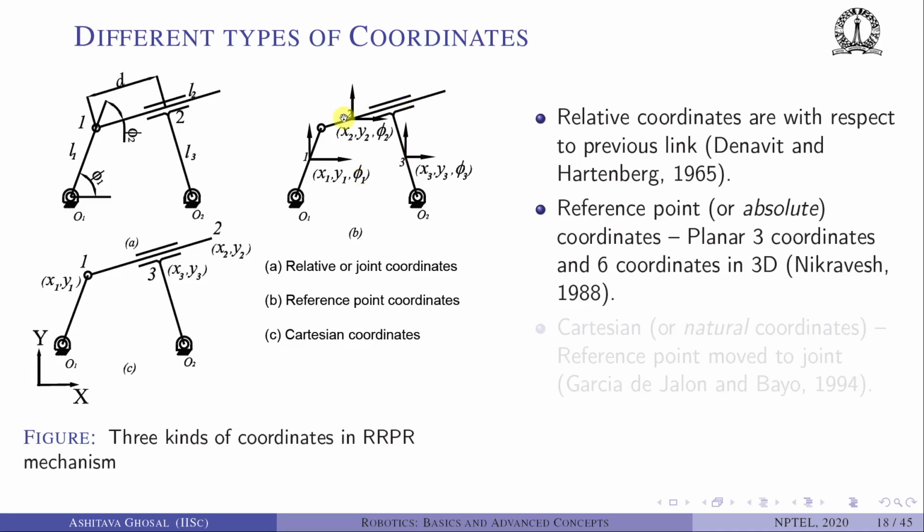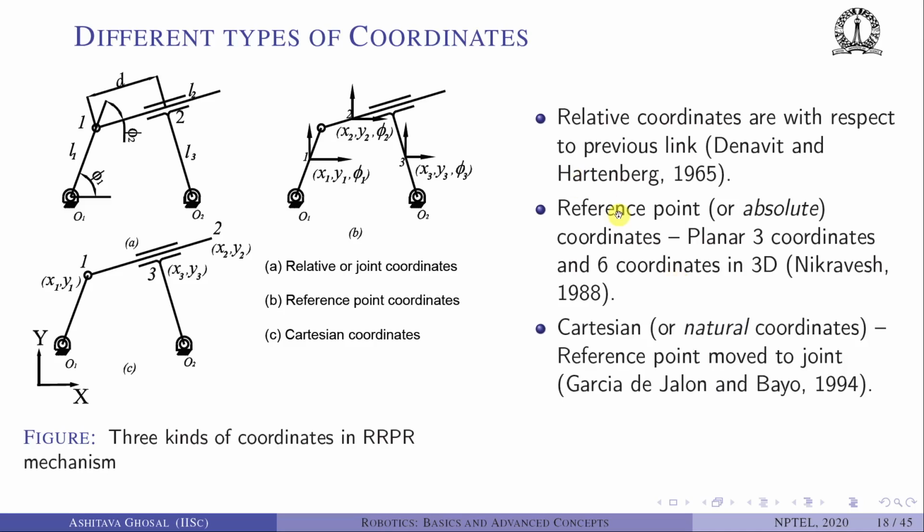In a plane, I can specify the position and orientation of any link by 3 coordinates: x and y Cartesian coordinates, and an orientation angle. So these are for planar mechanisms, there are 3 such coordinates. For spatial mechanisms, you need 6 coordinates. We have seen this: any link in 3D space requires x, y, z and 3 orientation parameters.